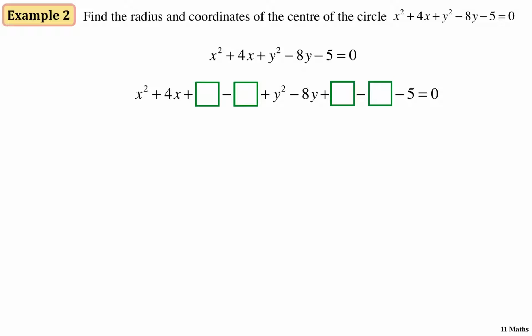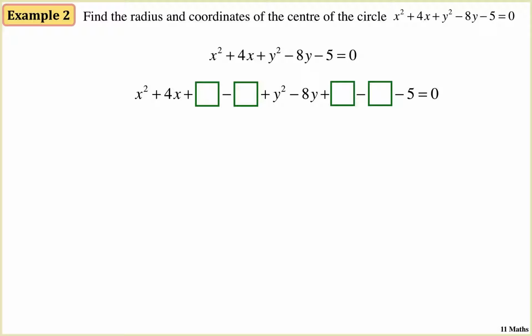We're going to add a box and take a box for the x parts, and add a box and take a box for the y parts. Remember, when completing the square, we look for the x boxes, and we take half of the number in front of x. Half of 4 is 2, and then we square it. 2 squared gives 4.